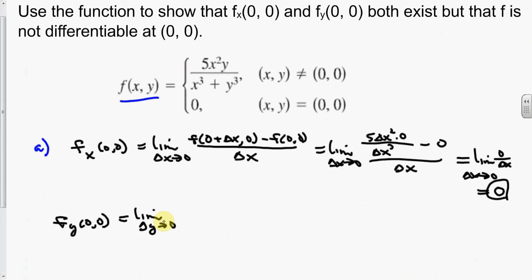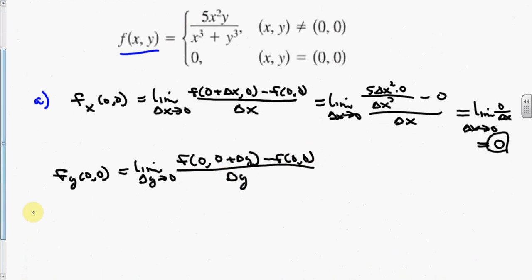So here, this is the limit as f of, here x is fixed, so y becomes the change. This is f of 0 plus delta y minus f of 0 comma 0 all over delta y. Same thing happens there.